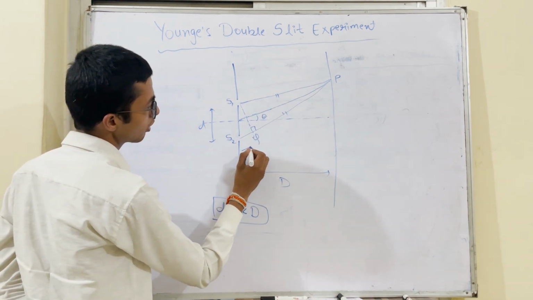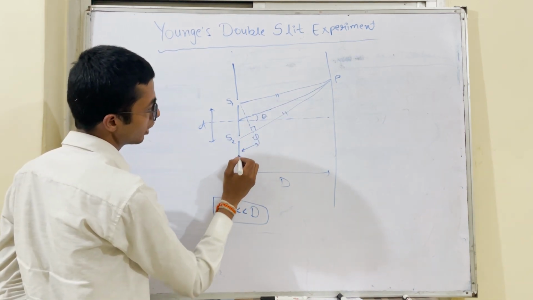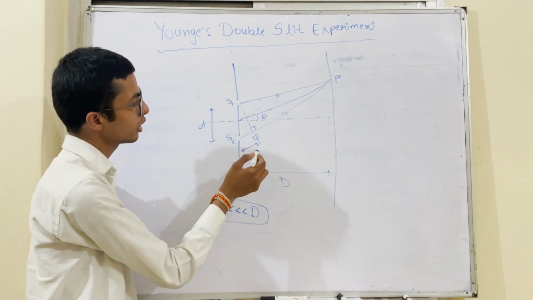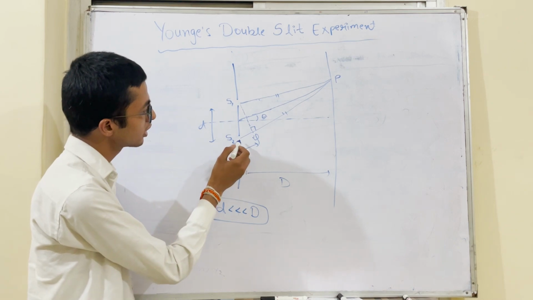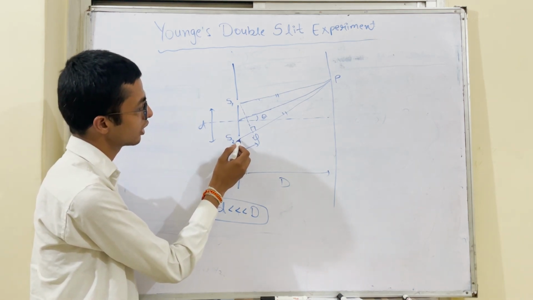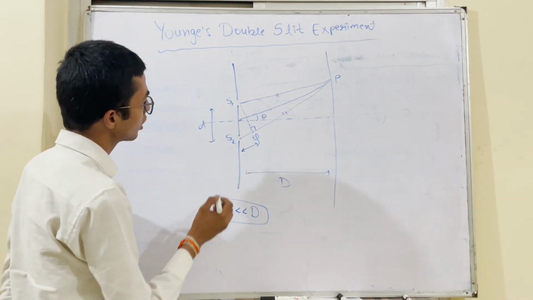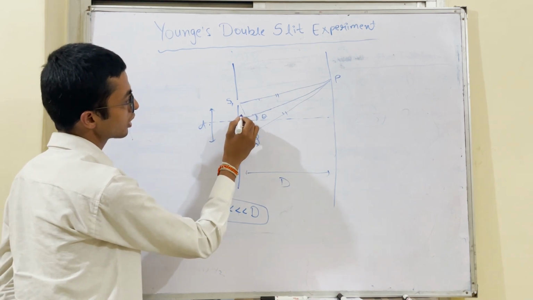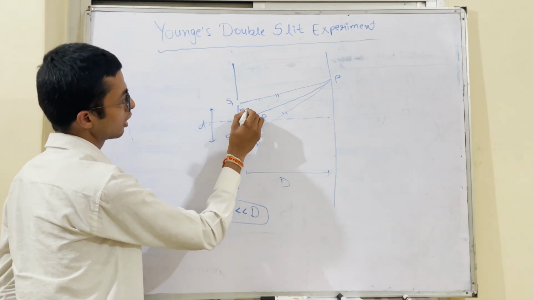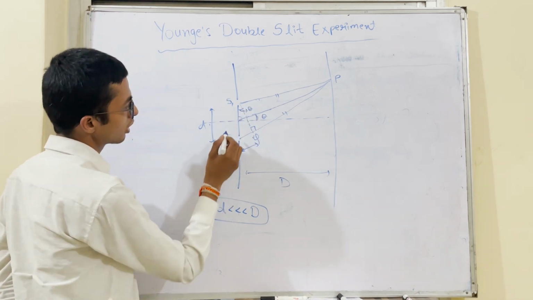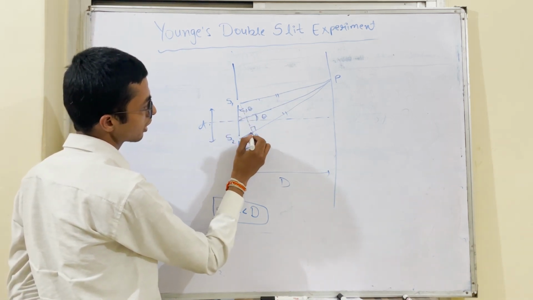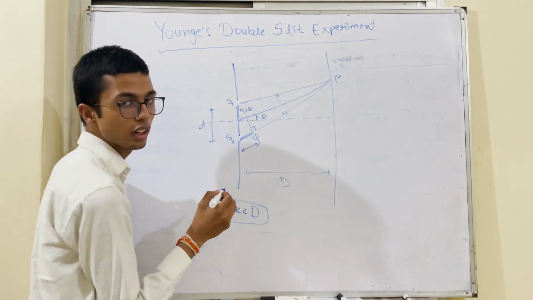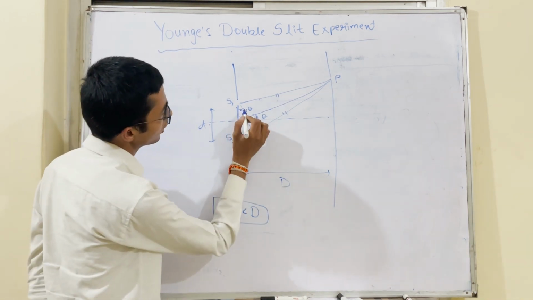So what is the path difference? That will be equal to S2Q, because these two are the same. So what extra has this wave traveled? This is S2Q. So this is d, this is theta, this is 90 minus theta, this is again theta. So this distance can come as d sin theta. Correct? This is a right angle.